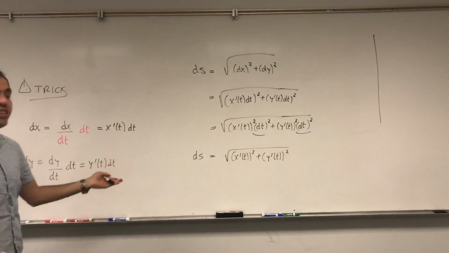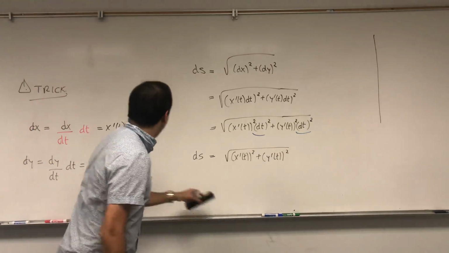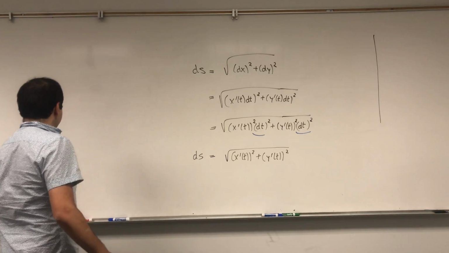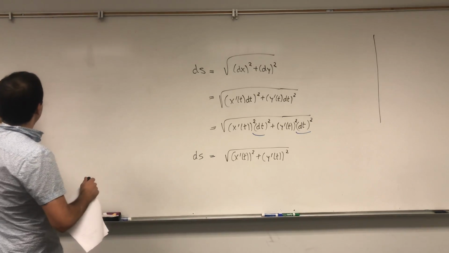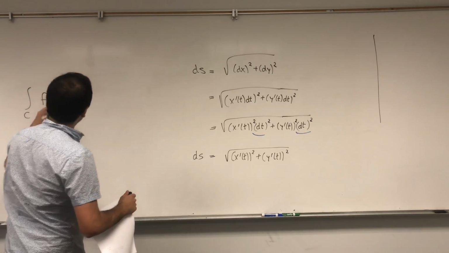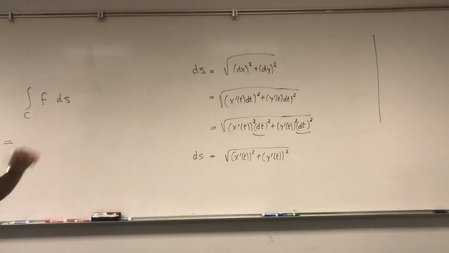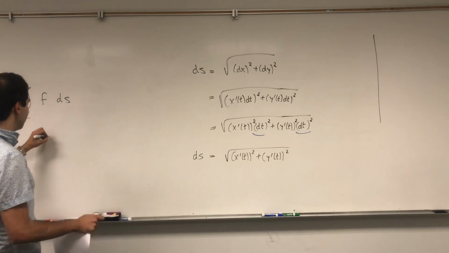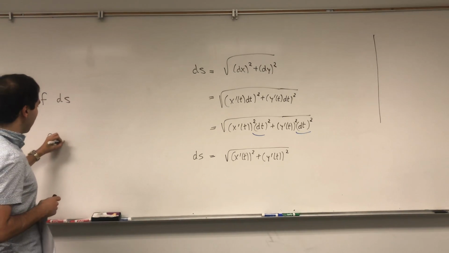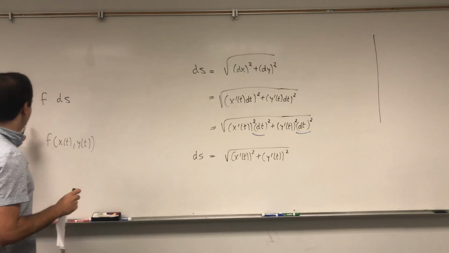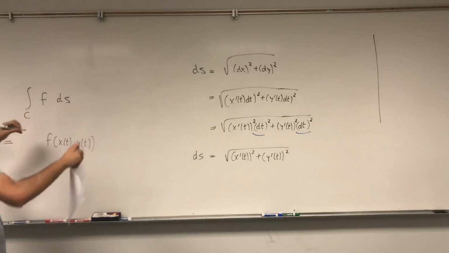And now, what is the line integral? The line integral is the integral over C of f ds. And then you just plug in that formula. So f is just f at your point x of t, y of t. Remember that picture?